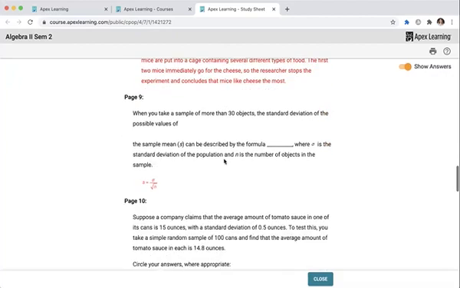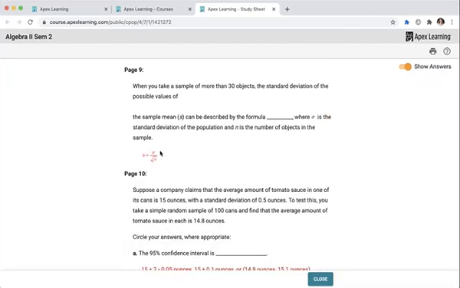All right, and then of course this gets really, really important here. So our sample mean, all right, when we're trying to calculate our standard deviation and figure out if our sample mean fits inside the confidence interval, right?